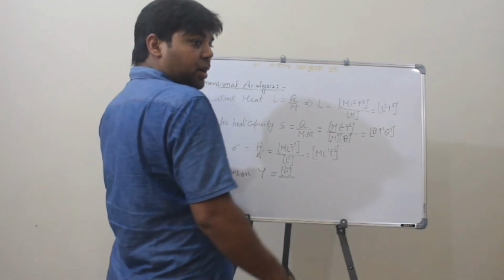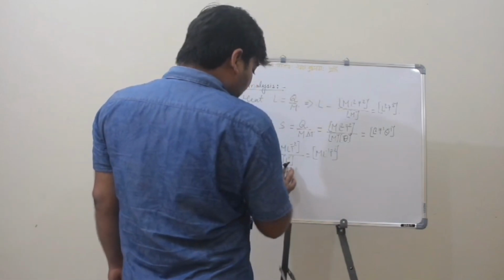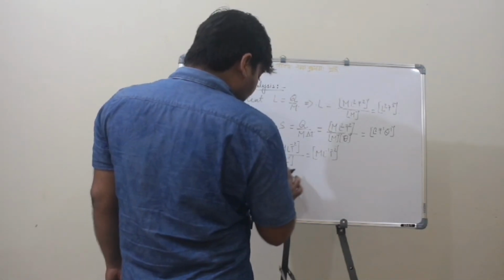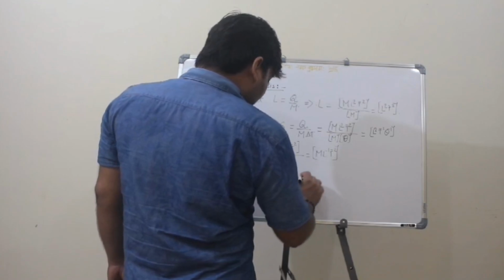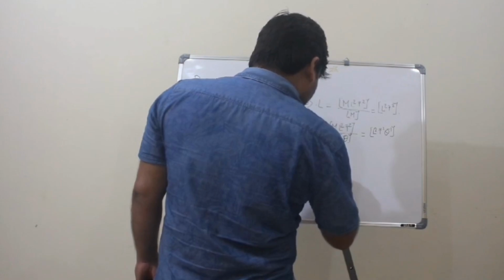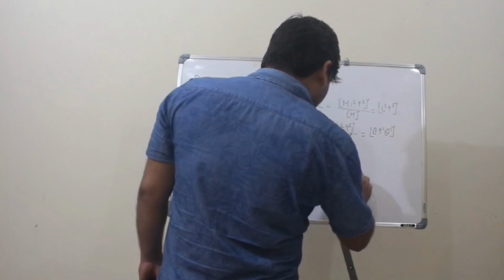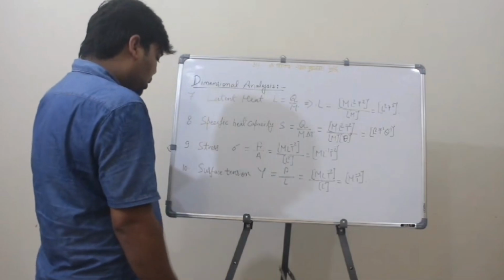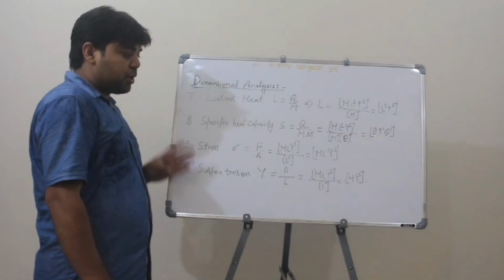So it is force per unit length. So force per unit length is M L T to the power minus 2 divided by L, giving you M T to the power minus 2 as the simple dimensional formula of surface tension. Please note it down.